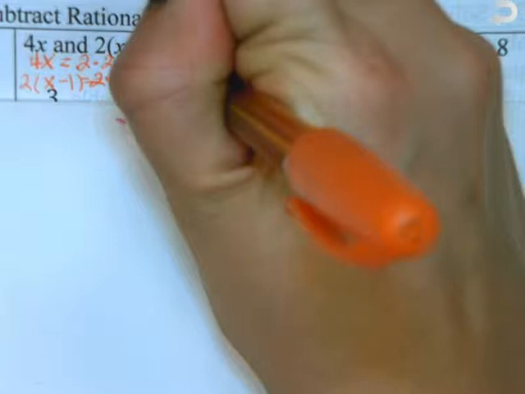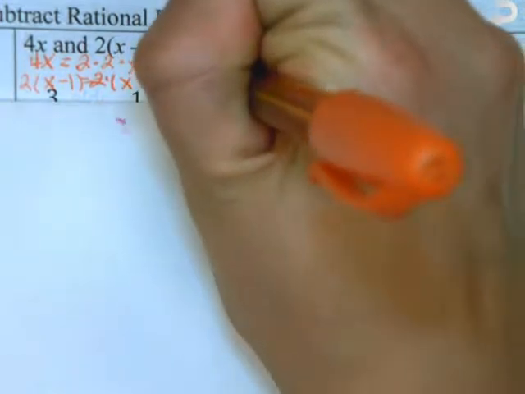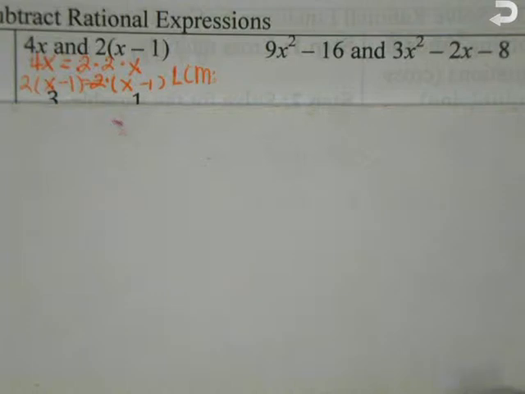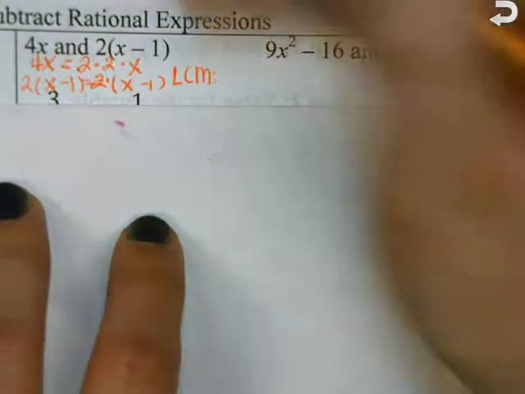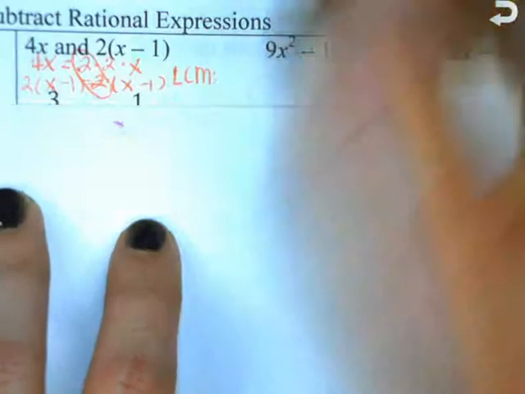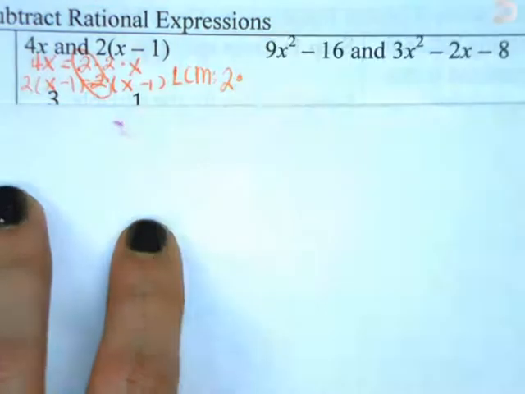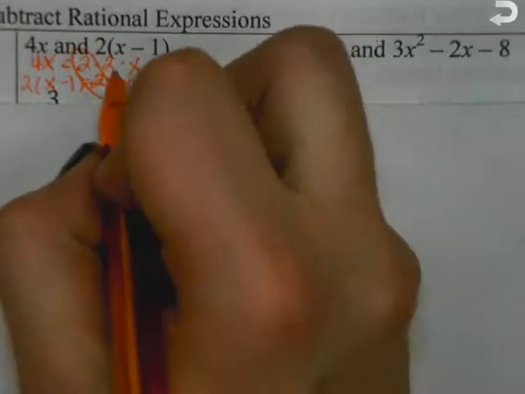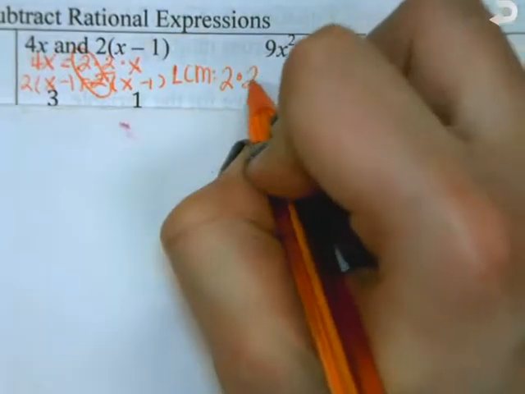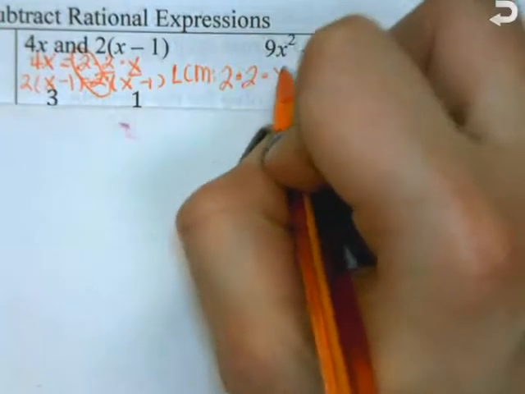So for the LCM here, first we need to write out what's in common. Do these 2 terms have anything in common? A 2. Just one though, right? Yeah. So they have one 2 in common. Then we have to include everything that they don't have in common. So what do they not have in common? There's a 2, there's an x, and there's an x minus 1.